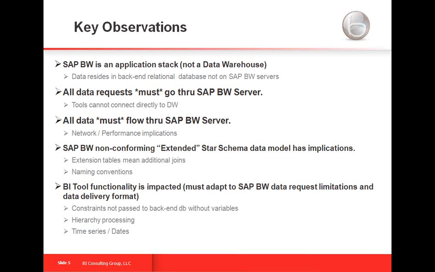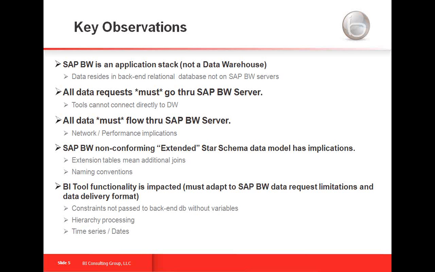The first thing is that when you submit a request from any tool using MDX, if you submit a constraint saying you don't want to see the color red or the color blue, or that's all you do want to see, what happens is that SAP BW actually retrieves all colors, all the data, and then sorts that data on the SAP BW server.